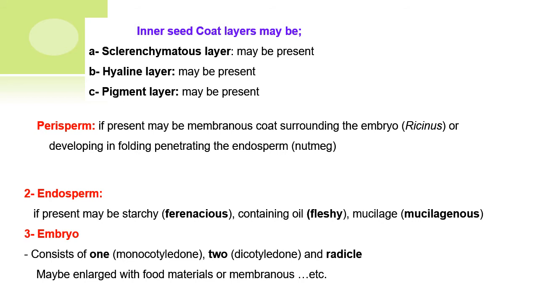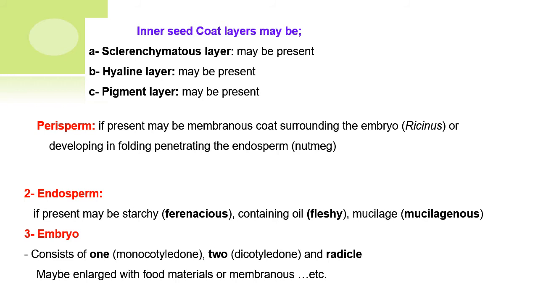The endosperm also surrounds the embryo and contains grains or fixed oil globules for nutrition of the embryo. Sometimes it contains starch and is described as starchy or farinaceous endosperm, or it contains fixed oil and is described as fleshy endosperm, or it contains mucilage and is described as mucilaginous endosperm.